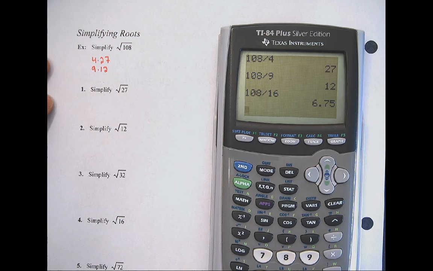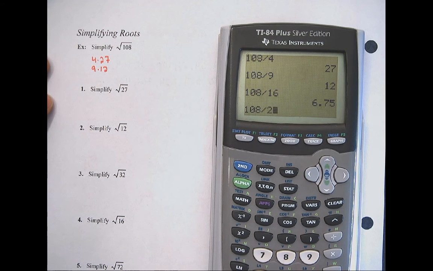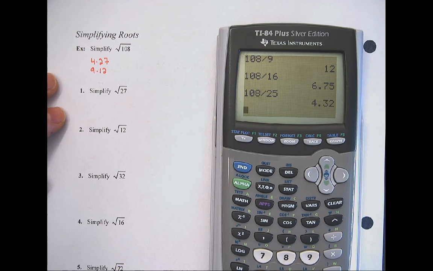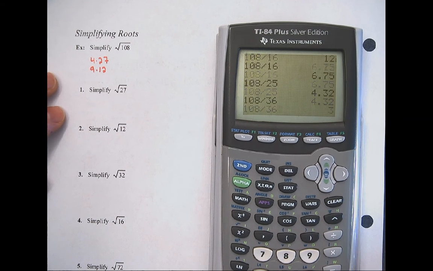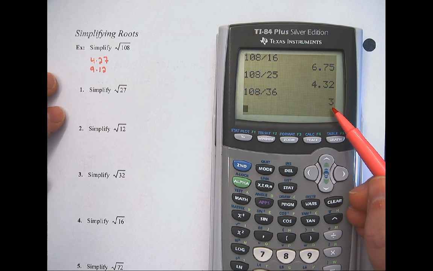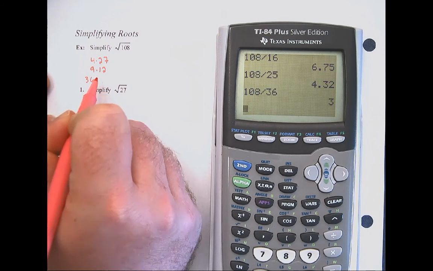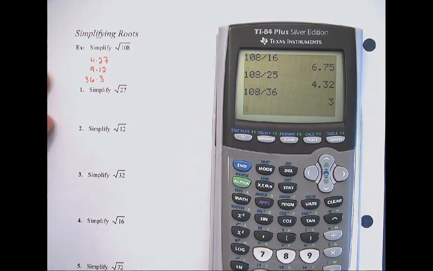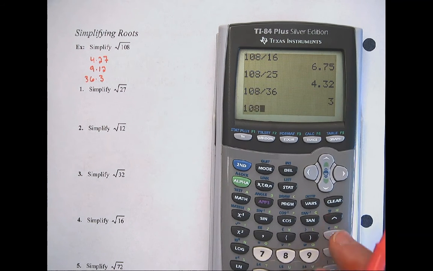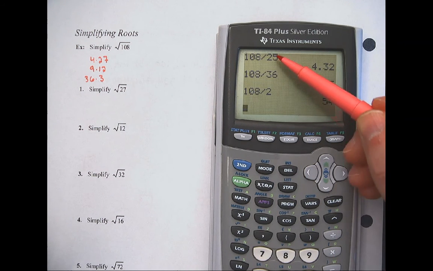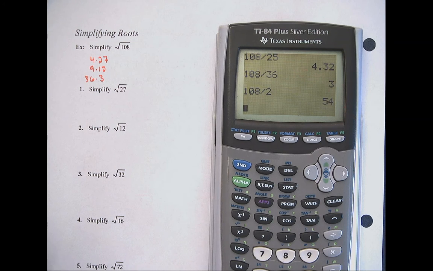Nope, that doesn't work. We know the next one won't work, but I'm just showing you how I'm going through in order. 108 divided by the next perfect square, 36, 36 times 3, and because 3 is prime, I know that's my best choice. Notice, I didn't do 108 divided by 2. I don't care about dividing by 2 because 2 is not a perfect square. I went through my list and divided only by perfect squares because that's what we're trying to find.